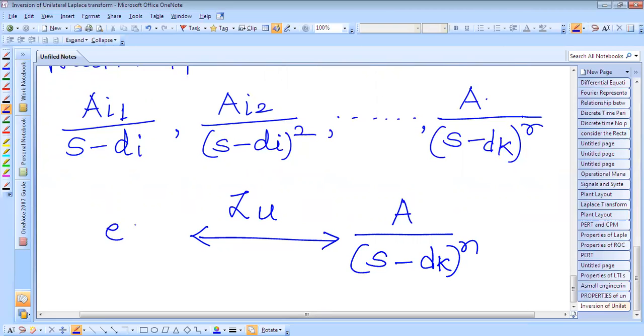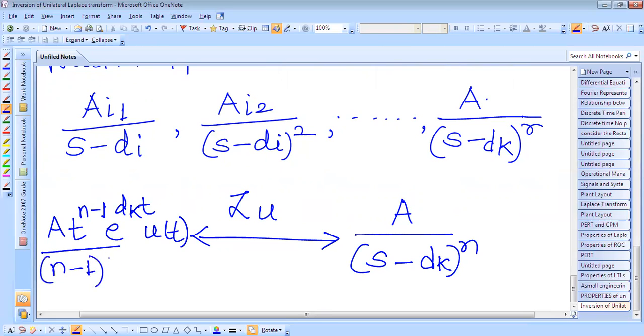So e raised to power d_k t into u of t, t raised to power n minus 1 by (n minus 1) factorial.